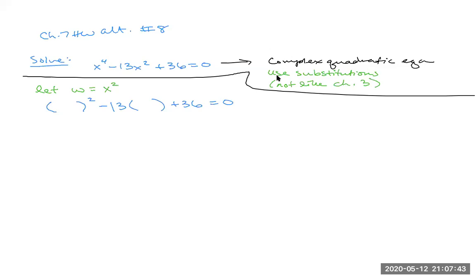What I'm going to be putting in these parentheses is x squared. So note x squared squared is x to the 4th, and x squared to the 1st power is still x squared. Now the reason I have this form, I'm going to replace the x squared with w.